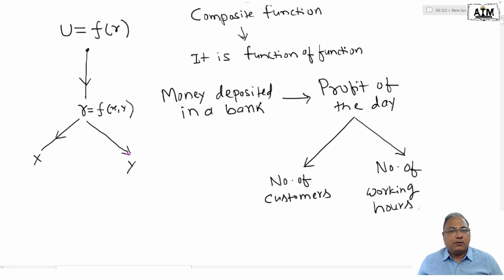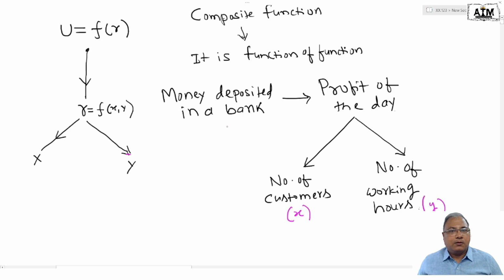But the profit of the day will again depend upon two factors, like number of customers purchased our product, so let us call it as X, and number of working hours. If you are working less hours, then less customers visit and there will be less profit. So profit of the day will also depend upon number of working hours. Let us call it as Y.